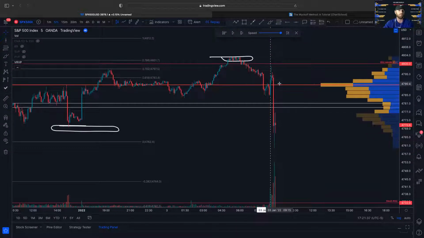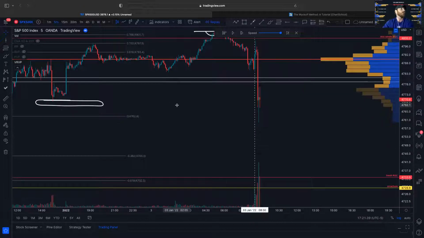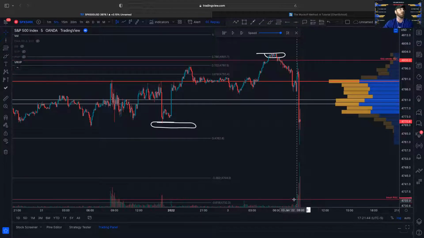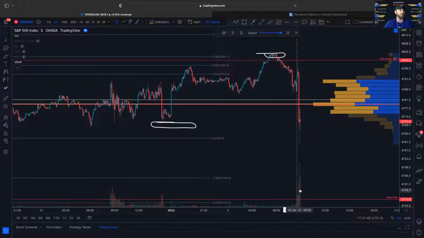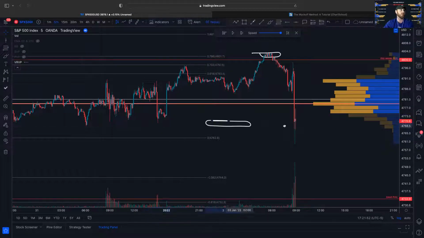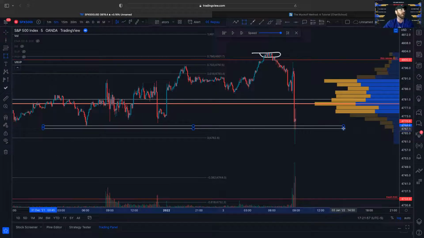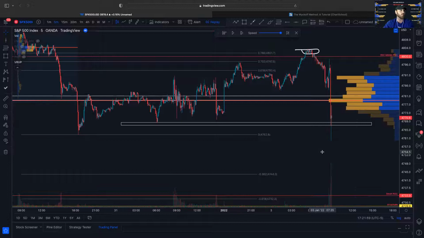And this is picture perfect. So now that we are getting the break of this area with high volume, the volume is continuing to rise on the downfall. That's usually a sign of continuation to the downside, or continuation to whatever side, right, that it broke.